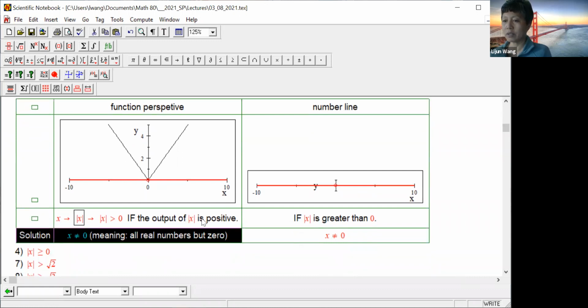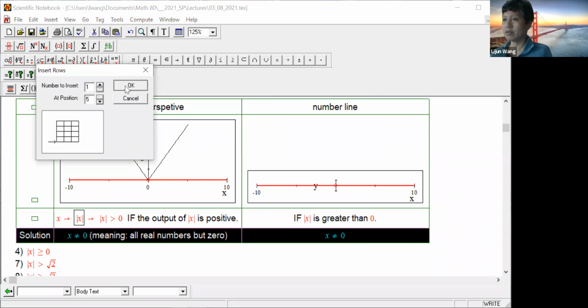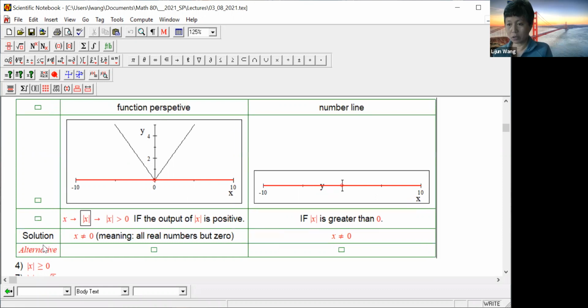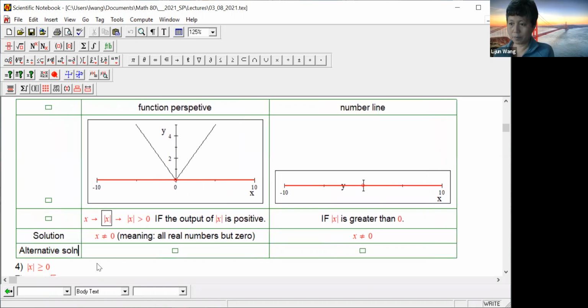Okay, so I'm going to give you some other alternatives. They're fine. Alternative solutions. Oops. This software, when they handle the change of mode, has some interesting phenomena. So alternative solution: you can say from -infinity to 0, union 0 to +infinity.